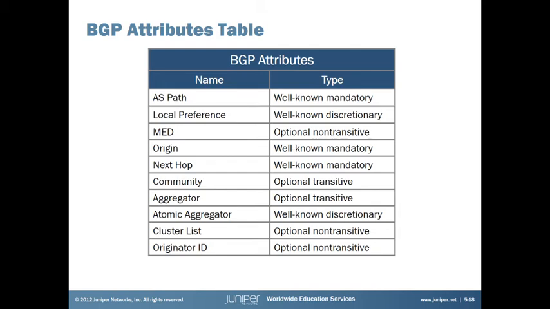Well, we've got origin, we've got next hop. So those 3, path, origin, next hop, must always be included in an advertisement. Now we pretty much know what next hop is. We're going to get into what origin is in a little bit more detail.